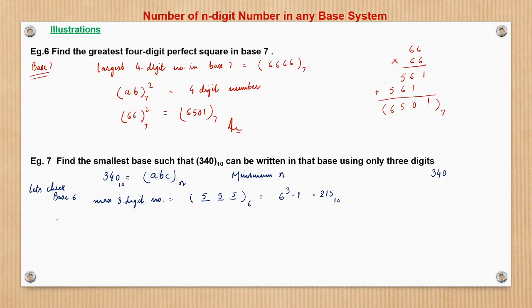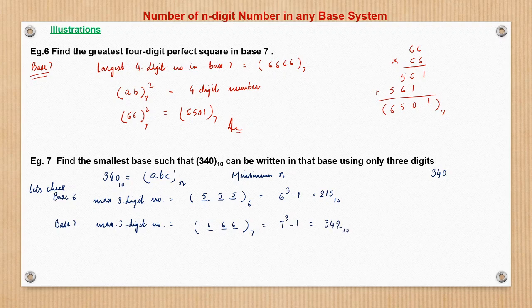Now let us see base 7. The maximum 3-digit number in base 7 would be 666 in base 7, which is nothing but 7 cube minus 1. Why are we writing 7 cube minus 1? Because that is the same as the smallest 4-digit number in base 7 minus 1. So 7 cube minus 1 is 342 in base 10.